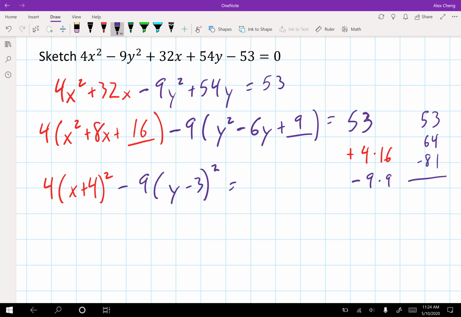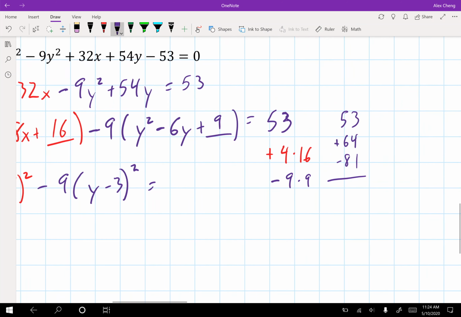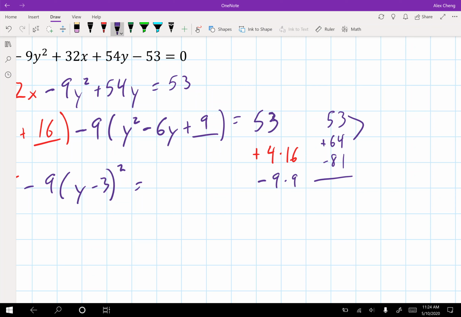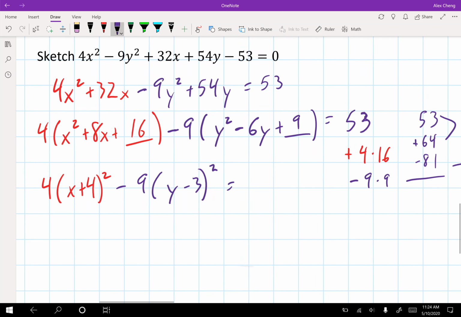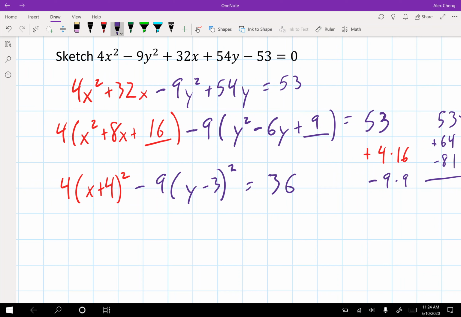So this already is going to be 117 minus 81, which leaves me with, I think, 36. Nice. So that's 36. And I want this to equal 1 on the right side, so I'm going to divide everything by 36.